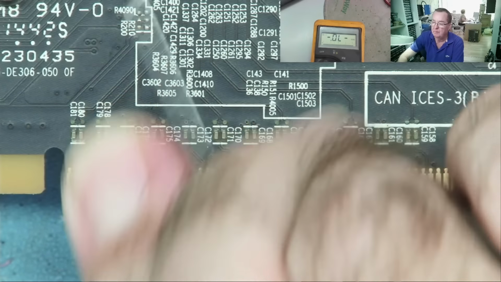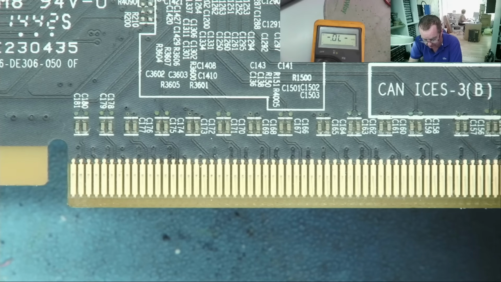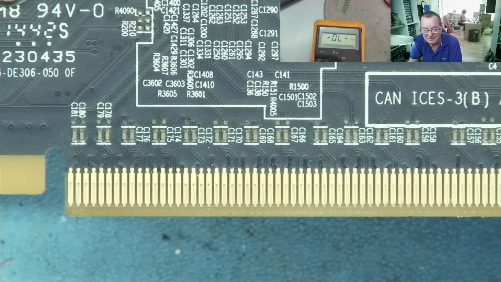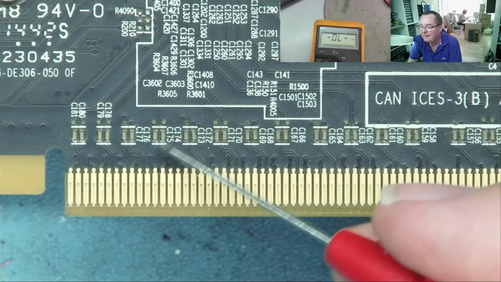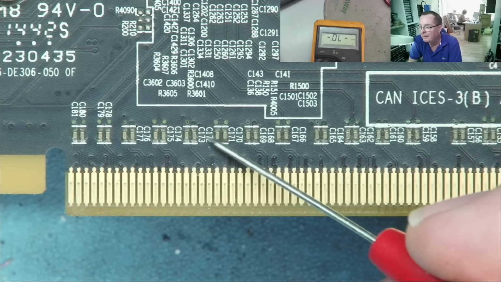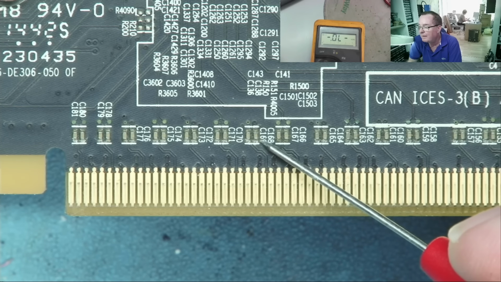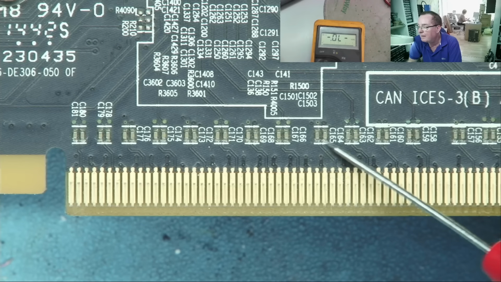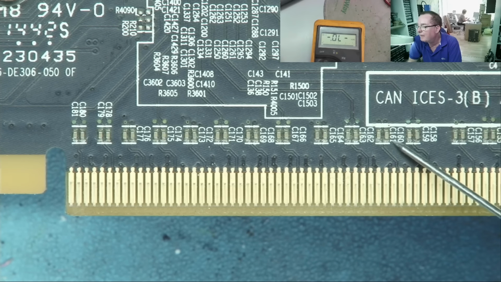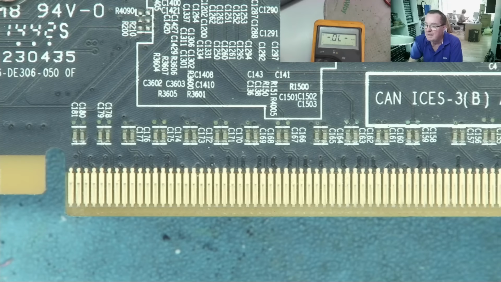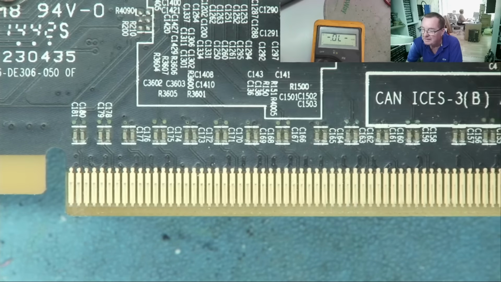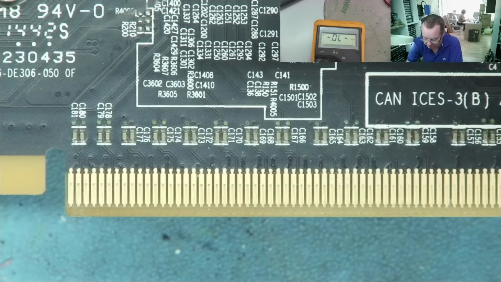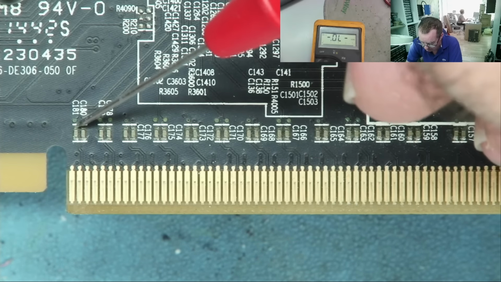Yeah, see, it rubs off mostly. So we can see they all read the same, and then this side again will read different to the other side, but they should all read the same as each other.